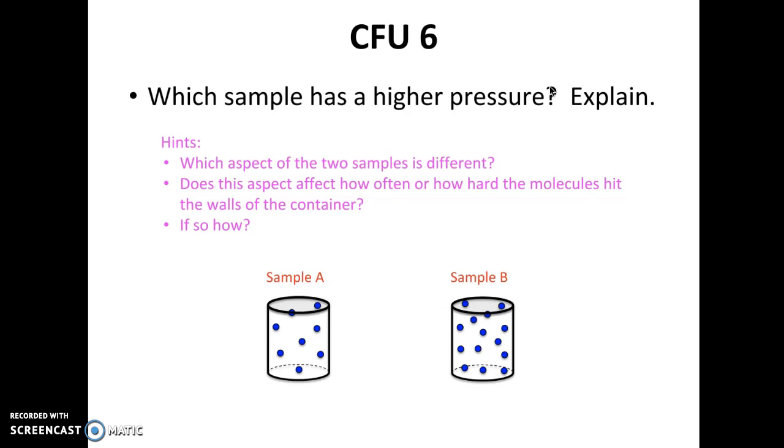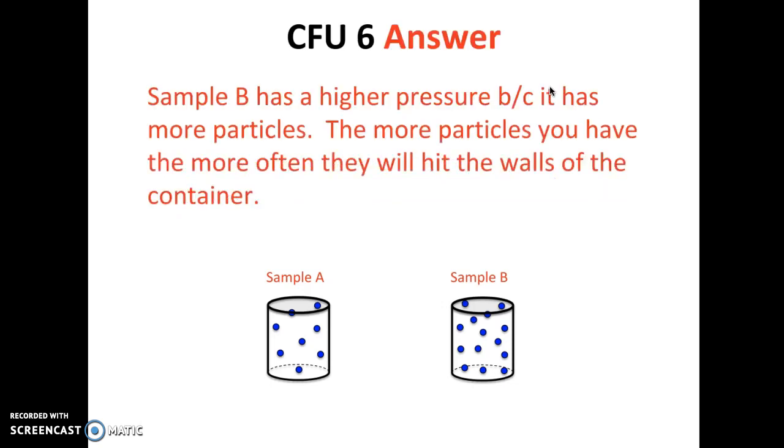Because remember, that's what pressure is measuring, how often or how hard. So take a moment to think about it. Which one do you think would have a higher pressure? And consider that they're both the same gases. Great, sample B would have a higher pressure because it has more particles. And the more particles you have, the more often they will hit the walls of the container. So that means it would have a higher pressure.